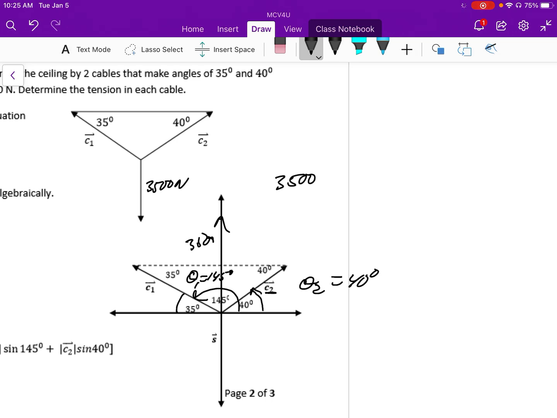In this case, it's north, the positive. I'm going to put it like this. You can see the resolving that one has to equal basically cable 1 tension plus the cable 2 tension, whatever the components are. Well, let's take a look at what the components are.